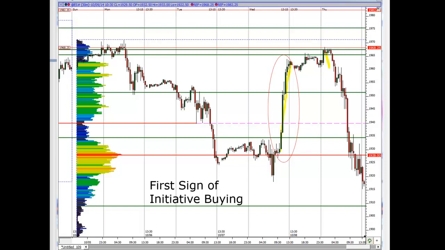This is the first significant sign for me things are changing in the market, all based on observations in the auction. So once I begin to see the buyers overtaking the sellers, and I begin to see some higher lows and higher highs, my bias will change, and I begin to now recognize that the auction is going to look for the opposite of what it was looking for in the past.